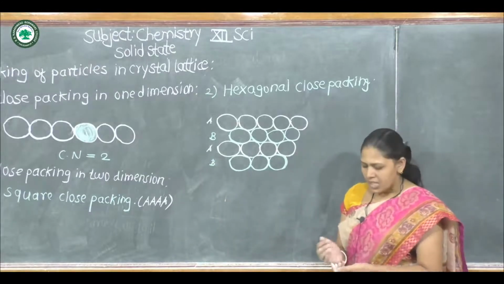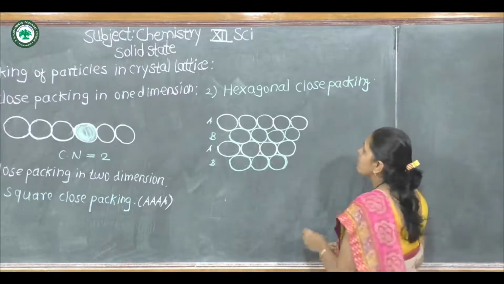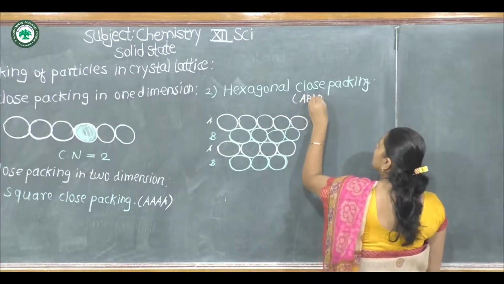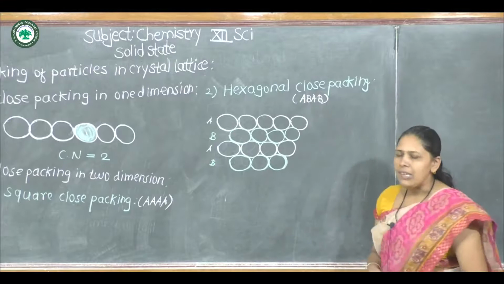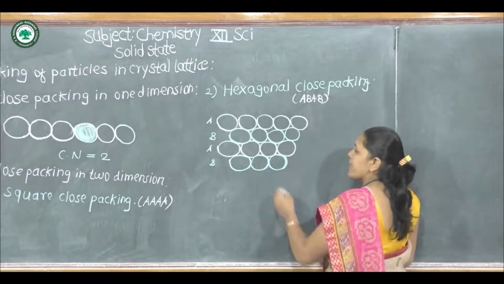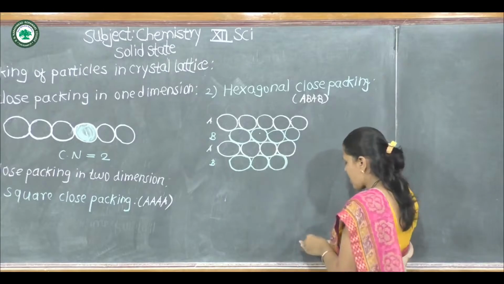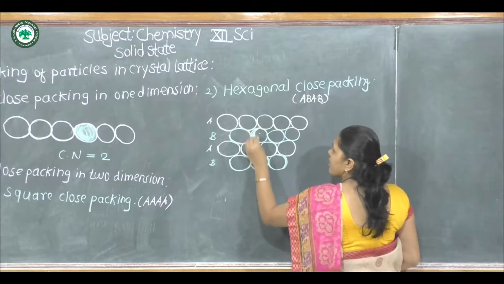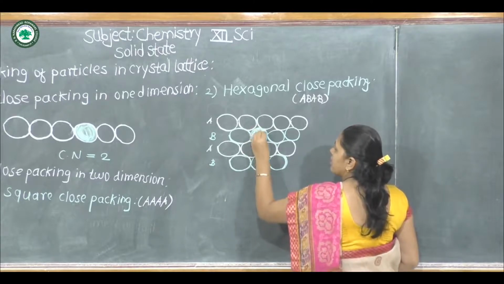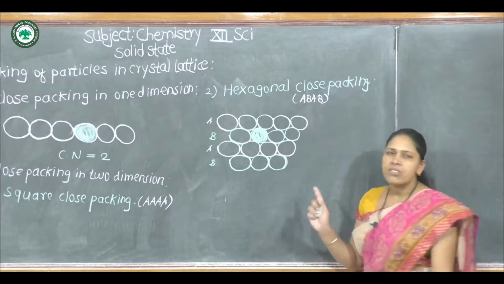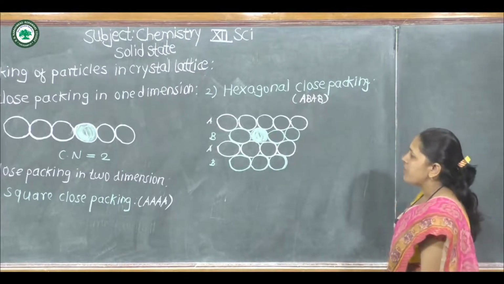Therefore, this type of packing is also called AB type of packing. If we take any sphere, here I have taken this sphere, we have to calculate the coordination number of this selected sphere.